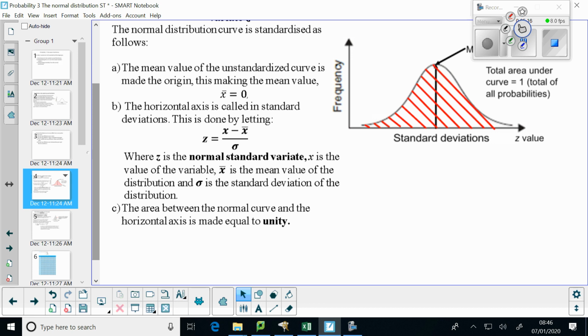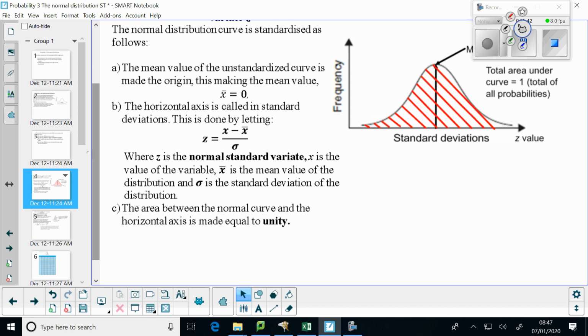So if we've got a number of different actions, all with different probabilities, if we add them all together, they should add up to 1. So for the standardized normal curve, we say that the area beneath it is equal to 1. Yeah, because that would cover every sample in your data, so that will add up to 1.